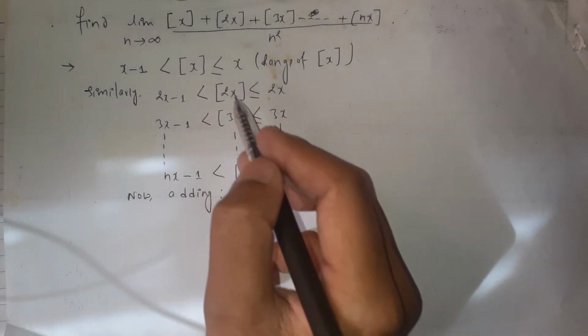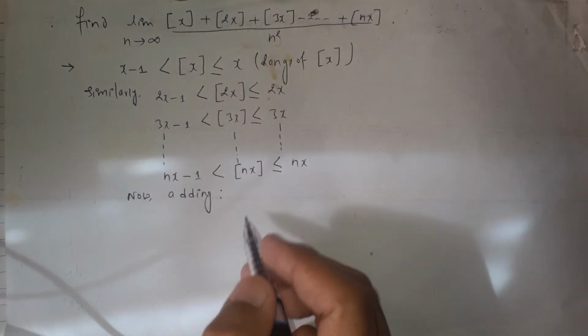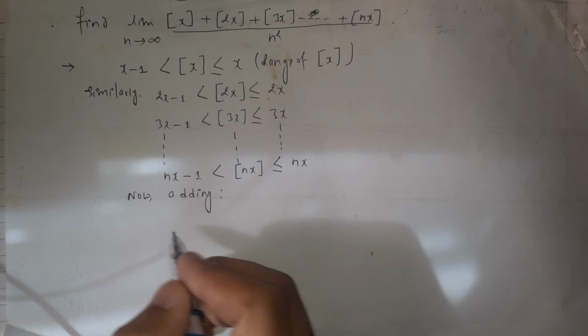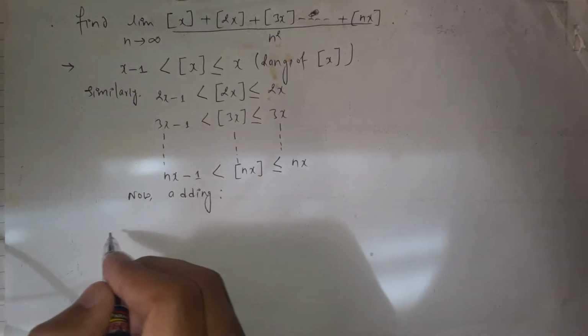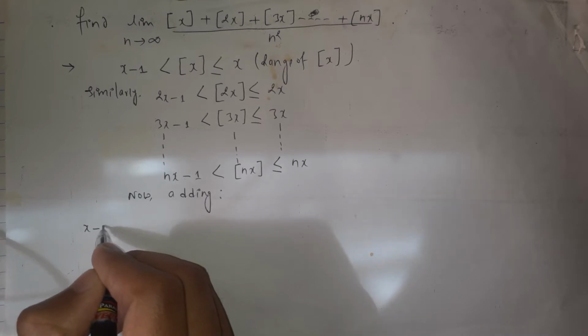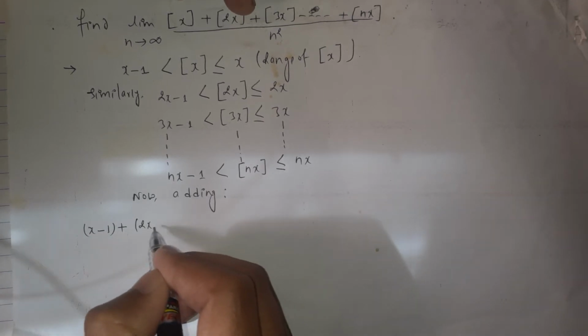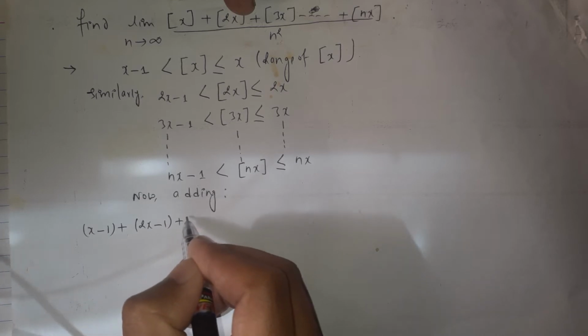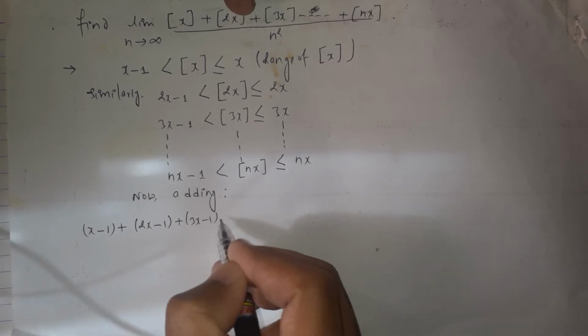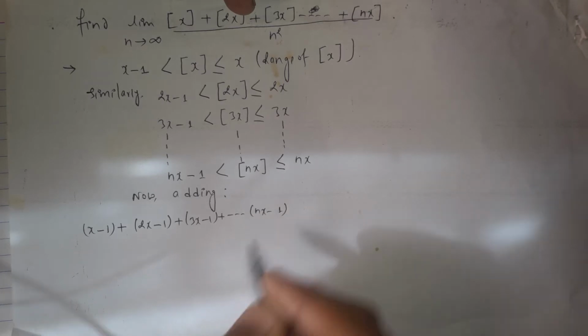On the left hand part, let's add x minus 1 plus 2x minus 1 plus 3x minus 1 and so on up to nx minus 1.